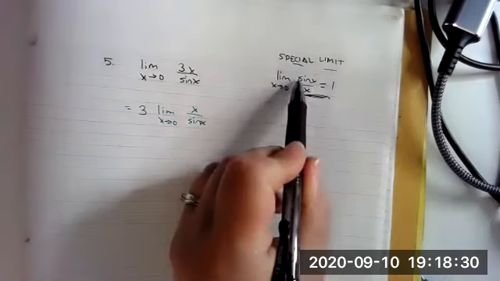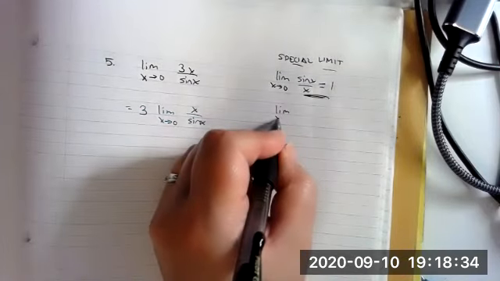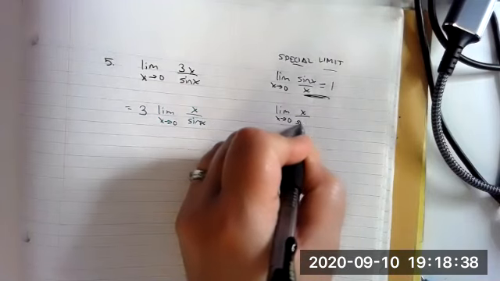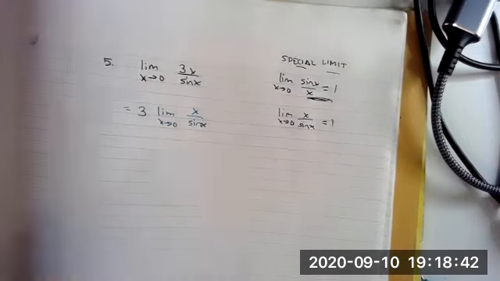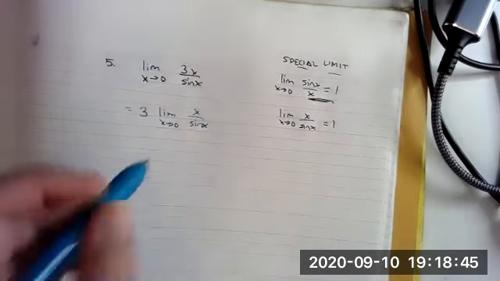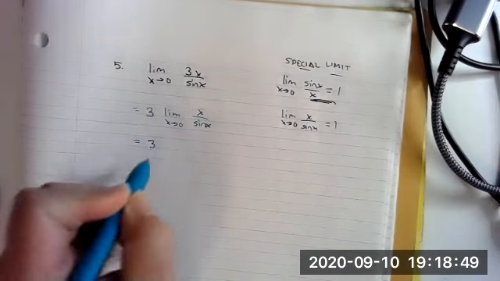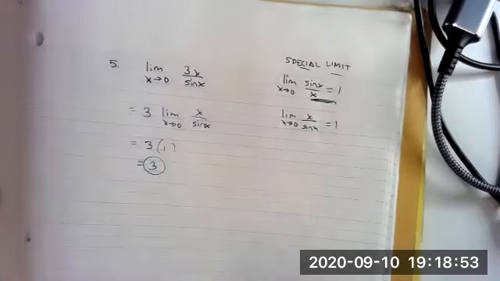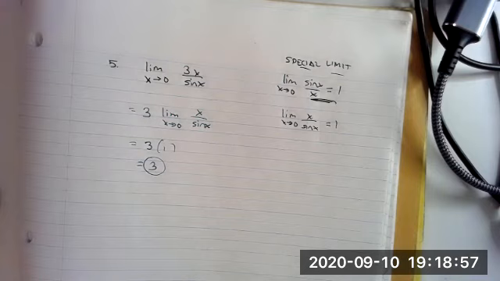So if the limit as x approaches 0 of sine of x over x is 1, then the limit as x approaches 0 of x over sine of x also has to be 1, right? So the way we can simplify this is that it is 3 times 1, or 3. Right. So that's that on number 5.